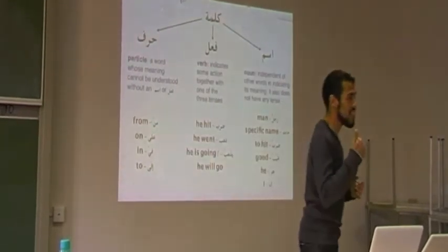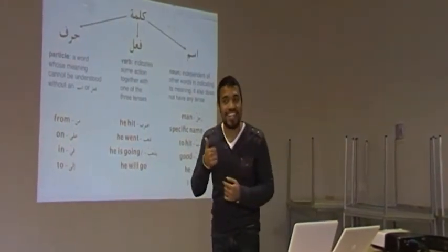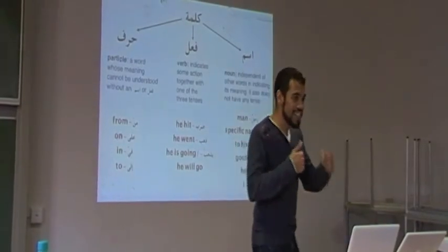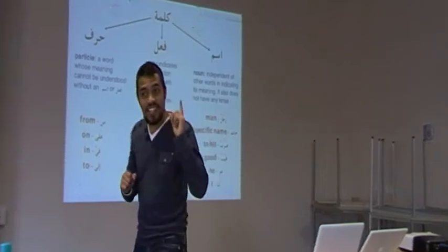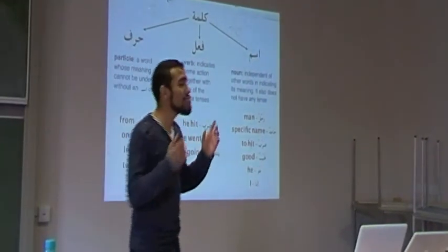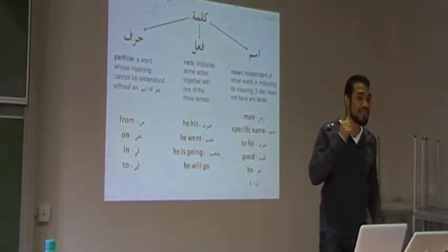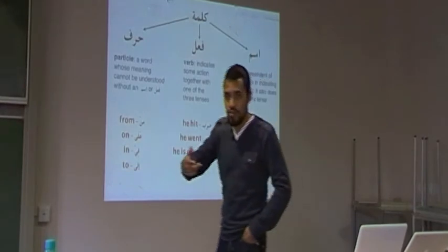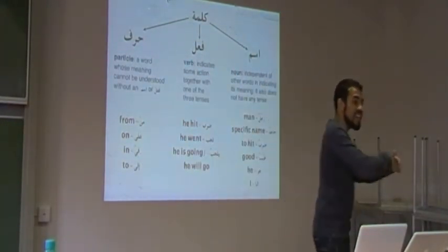The first one, lafdhun, means something that is spit off the tongue. In other words, the tongue moves. It's the first requirement. It's something that makes it audible. Murakkabun, something that rides on each other.